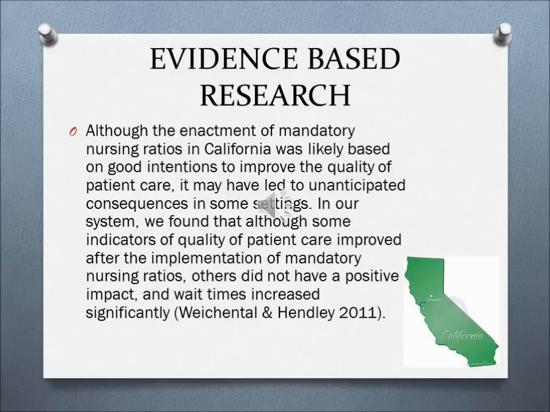Since California enacted the mandatory nursing ratios, there has been little light shone on the positive aspects than the negative ones. Due to the limited evidence-based research on my capstone project, I cannot solely base my project on this information. This project will be based on the observational study once the project is implemented, and the research can guide us through to implement this project.